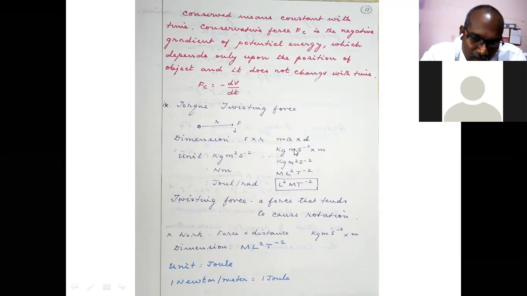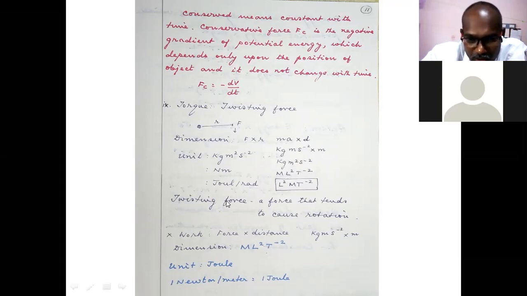Meter per second square into another meter for distance. Therefore, the unit becomes kilogram meter square per second square. And the dimension becomes M L square t power minus 2. Actually, this can be rearranged like this: L square M t power minus 2.